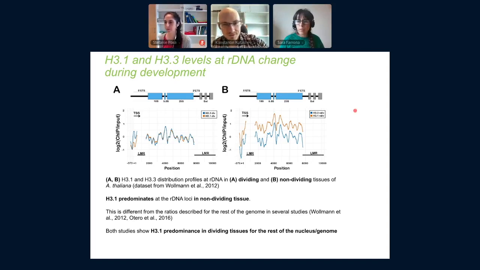This data set from Wollmann has data from young leaves and from the older ones. Okay, so it's not meristematic tissue. I don't know why I assumed that it was meristematic. So it's young leaves and older leaves, just to confirm. Yeah, the young leaves represent these dividing tissues, and the older ones the non-dividing.